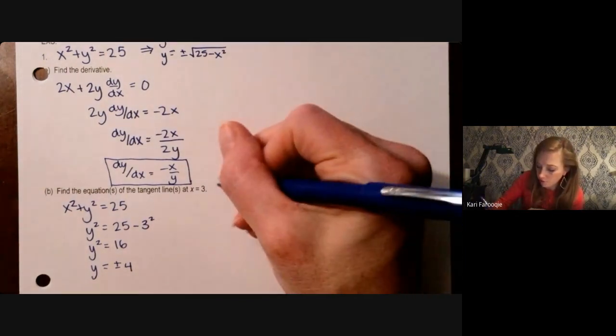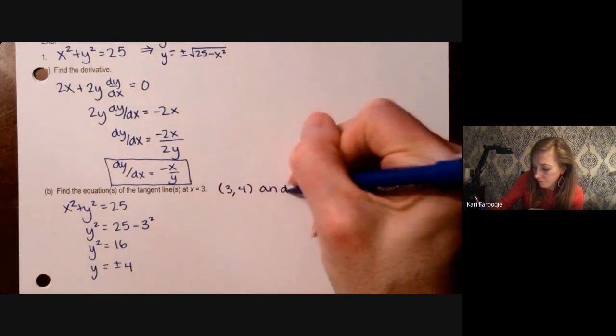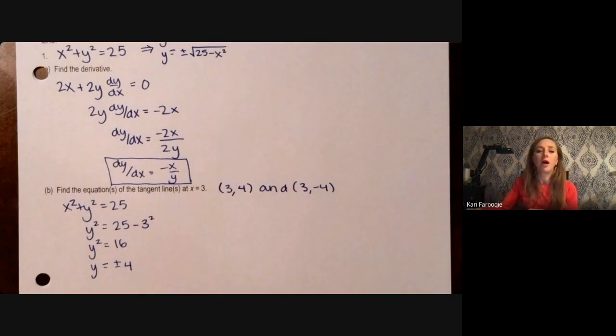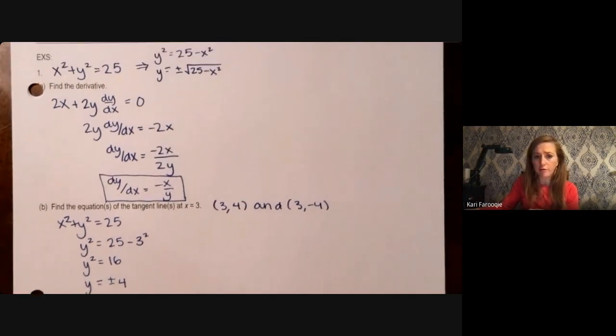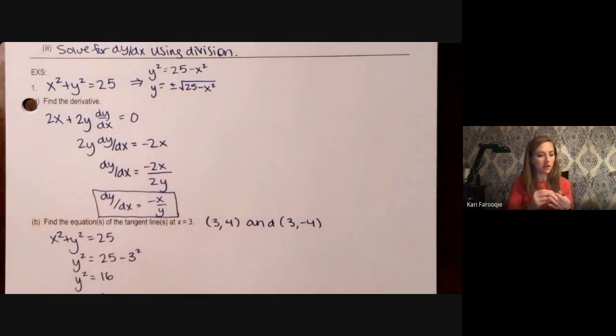So our points would be (3, 4) and (3, -4). Now, if this seems odd, think about the actual graph of your equation. x squared plus y squared equals 25 is the standard form equation for the graph of a circle.